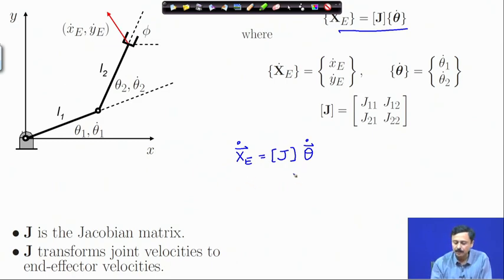So, I multiply both sides by the inverse of the Jacobian if it exists. So, I relate the joint velocity vector to the end effector velocity vector through the inverse of the Jacobian.